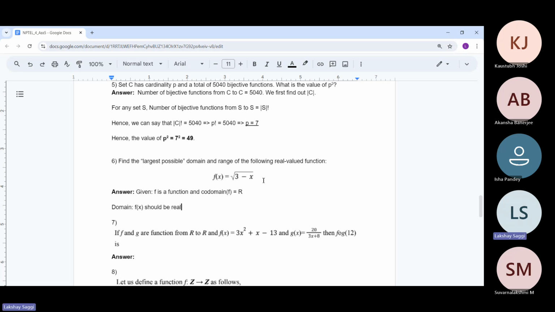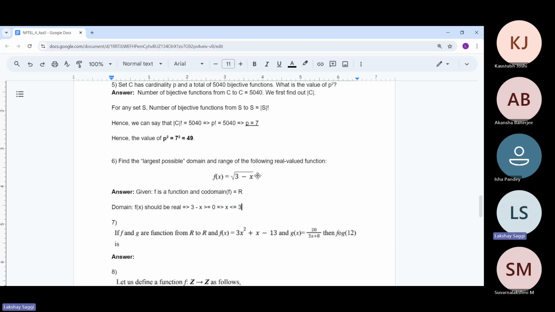It will only be real when the value in the square root is greater than or equal to 0, because square root of negative numbers is not defined when we are only talking about real numbers and not complex numbers. So this actually means that 3 minus x should be greater than or equal to 0, and this implies that x will be less than or equal to 3. So the only constraint which we can derive here is x is less than or equal to 3.